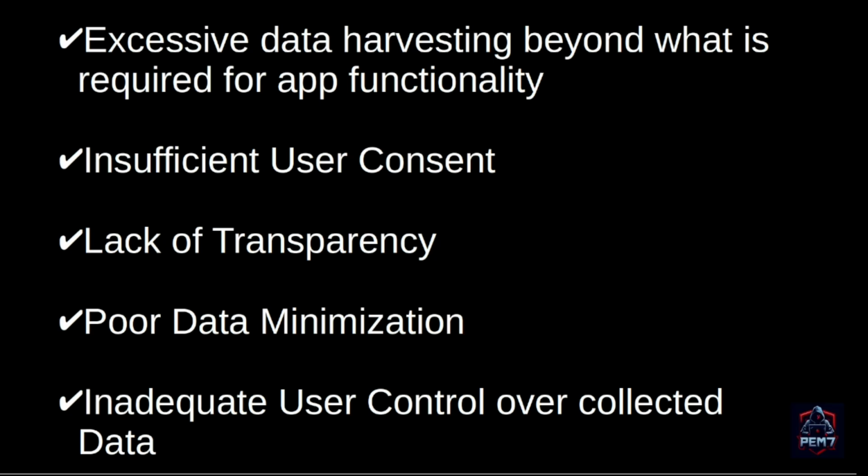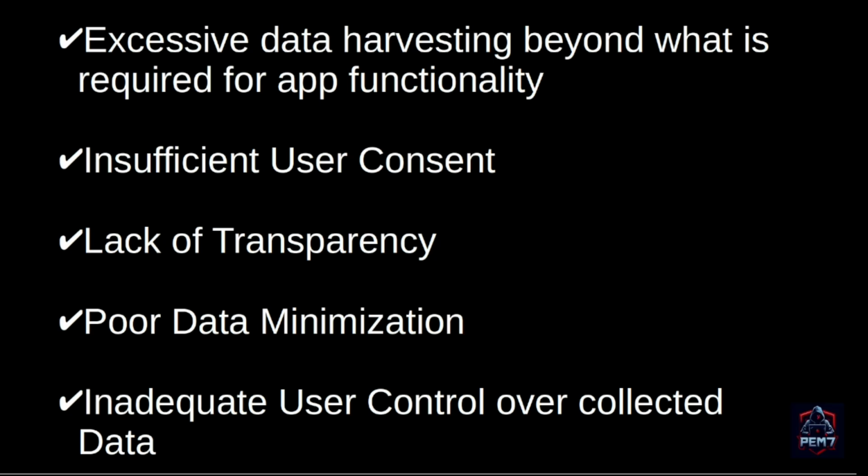Lack of transparency: not disclosing what data is collected for, hiding third-party data sharing practices, failing to explain how data is used, and having no clear privacy policy or terms of use.